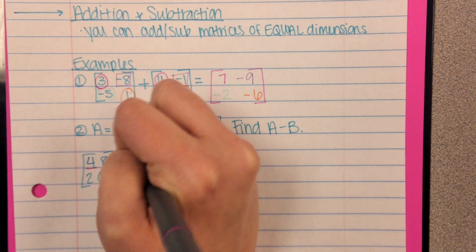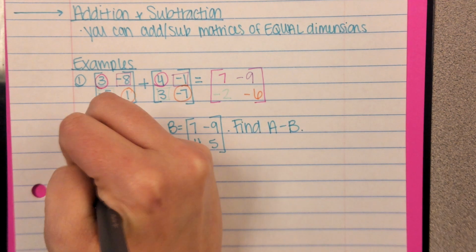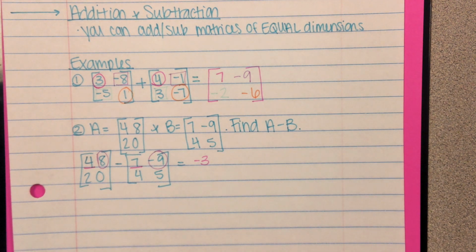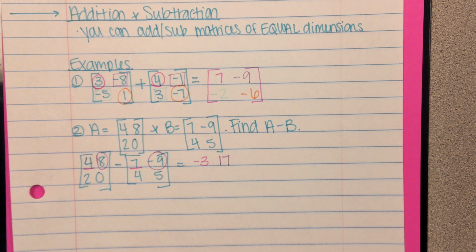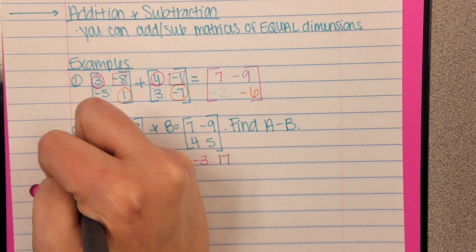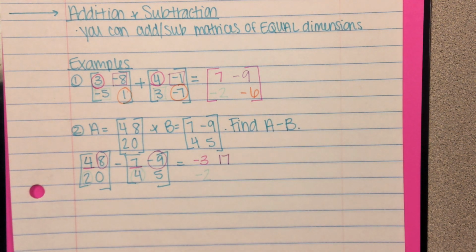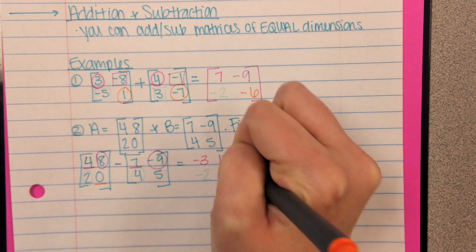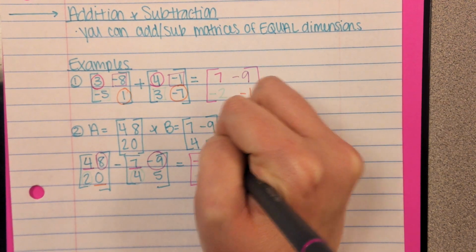So 4 minus 7 is -3. 8 minus a -9, so minus a negative is positive, is 17. Then we have 2 minus 4 is -2. And then 0 minus 5 is -5. And so that rounds out that matrix.